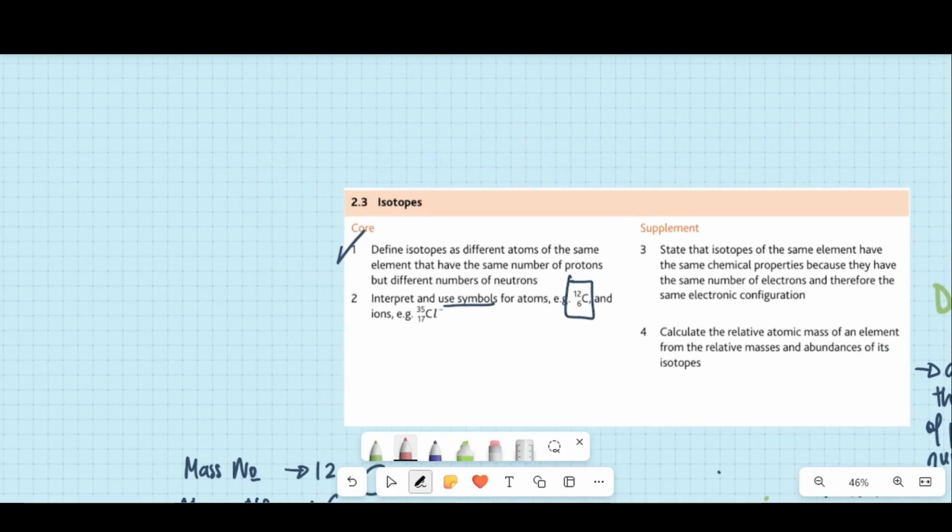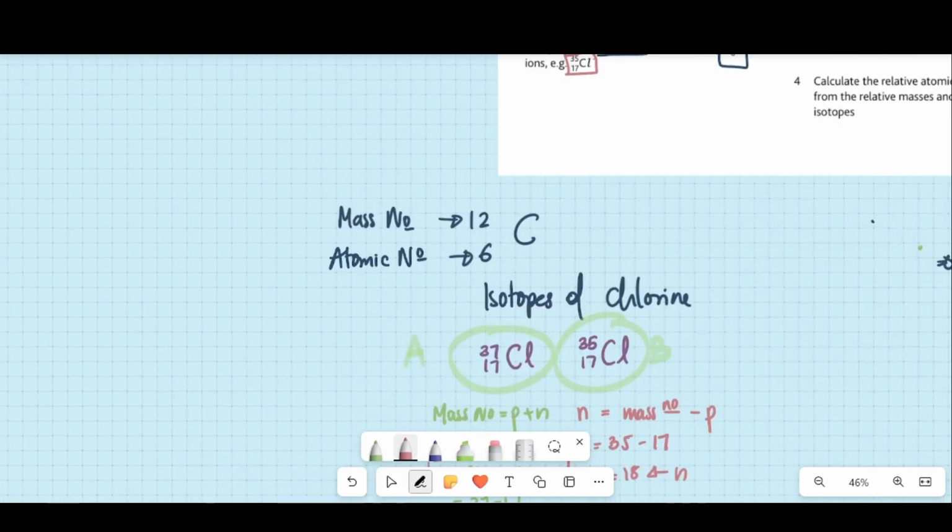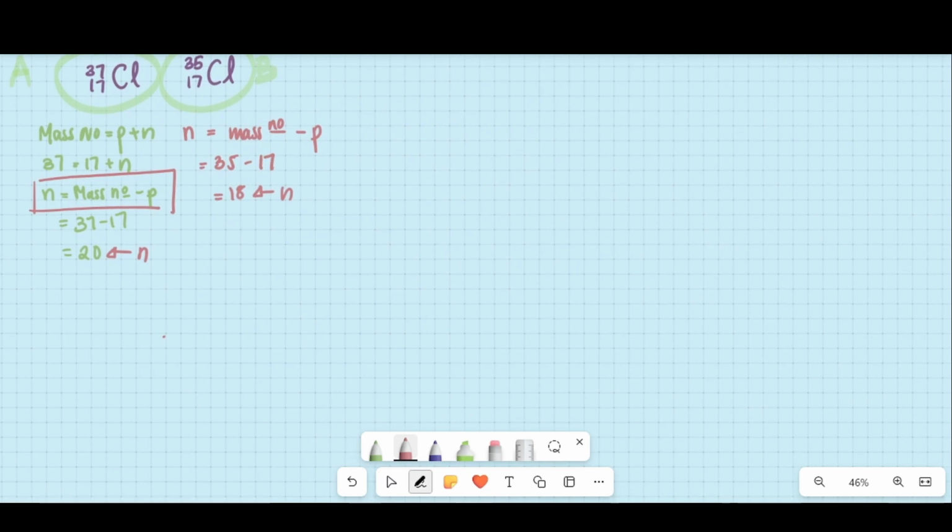Now if we look at the symbol 35, 17, Cl minus, what does that mean? Sorry, erase that. 17 and a minus. This is an important note to take.